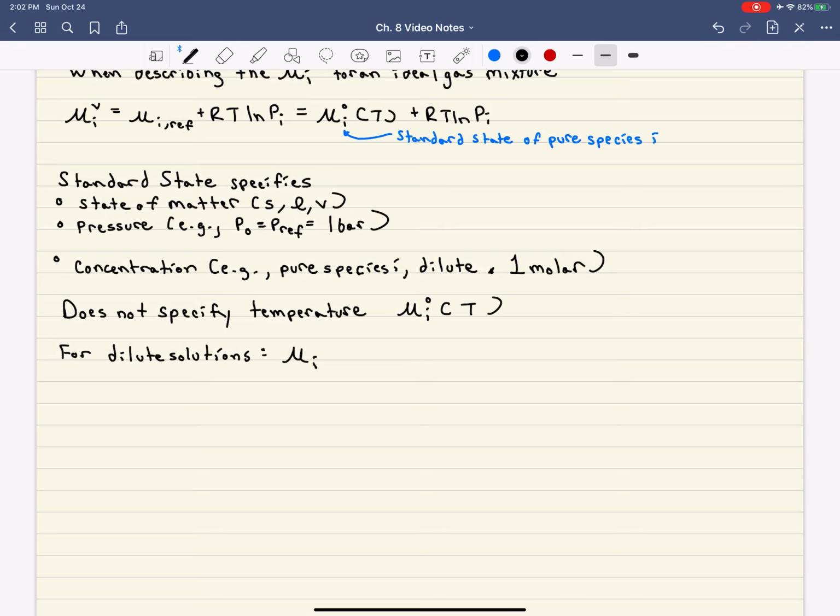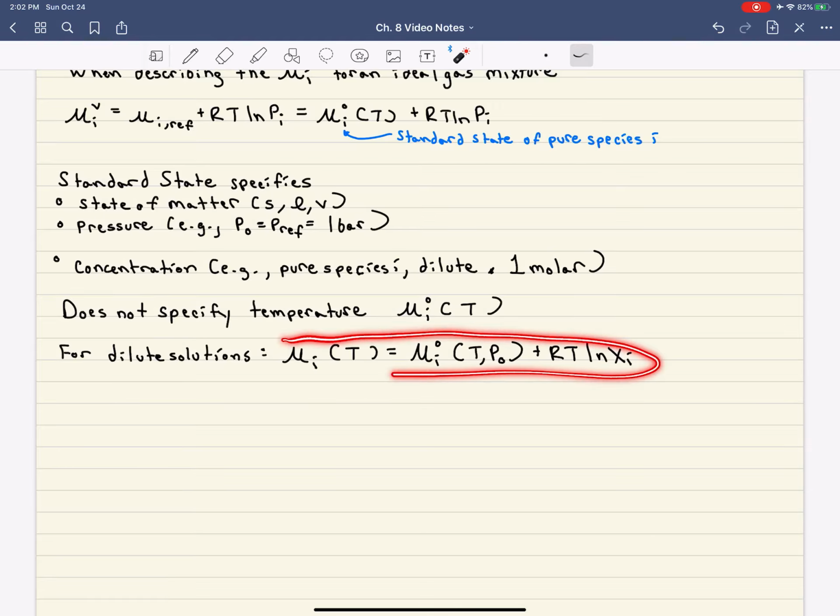So the chemical potential of our species as a function of T is going to be equal to the standard state chemical potential at some temperature and essentially reference pressure plus this RT ln of x_i term. Okay? And so we'll use this format not only for the remainder of this chapter, but also in the next chapters when we start dealing with more concentrated solutions.